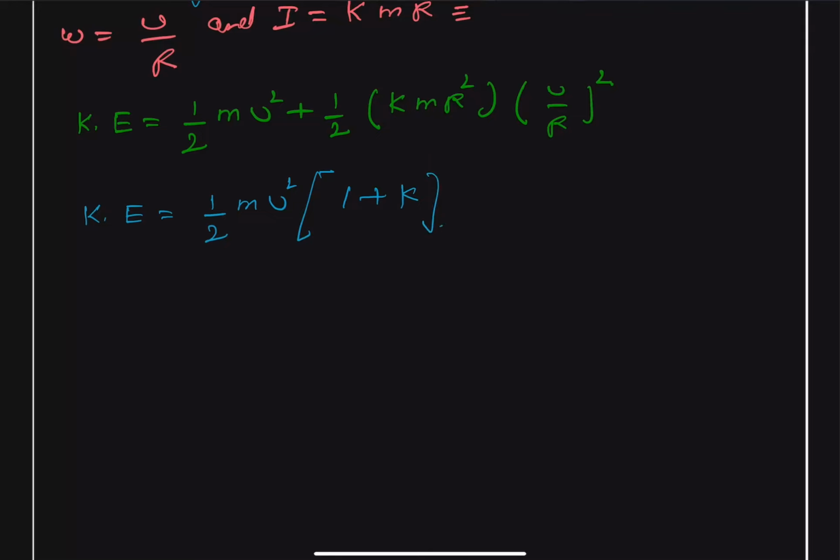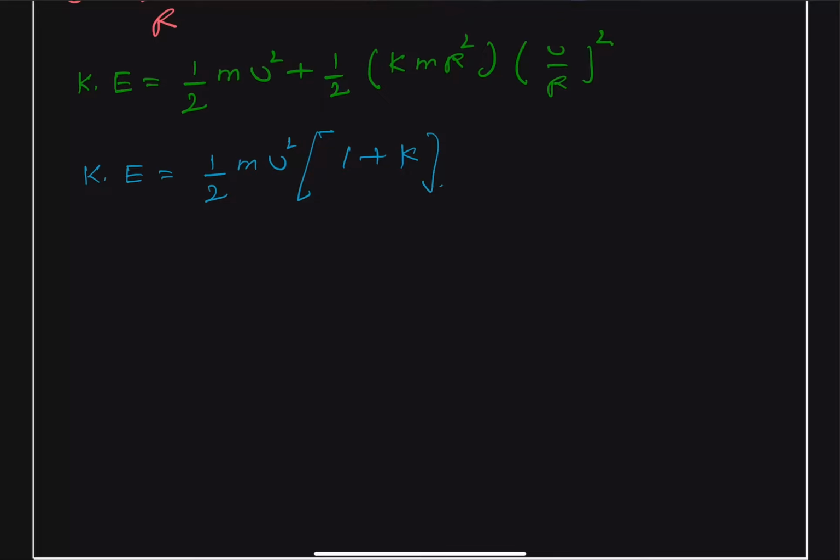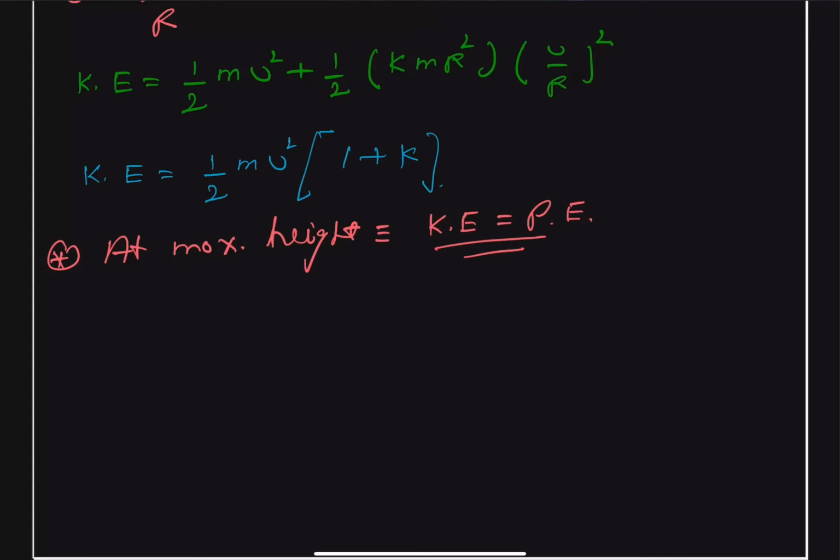Now they respectively reach a height of h1 and h2. Therefore from conservation we can say that all the kinetic energy is converted into potential energy. So we can say at maximum height kinetic energy is equal to potential energy.